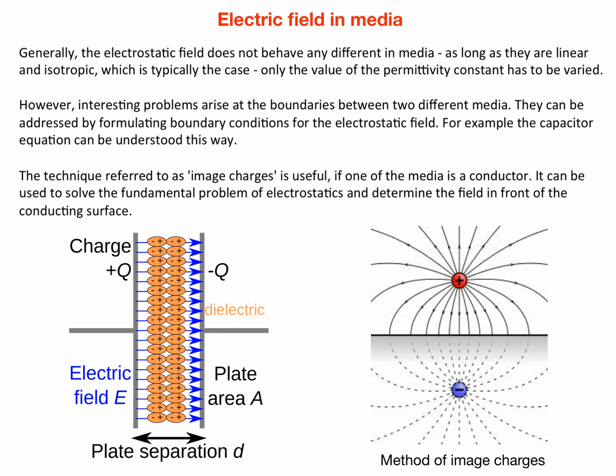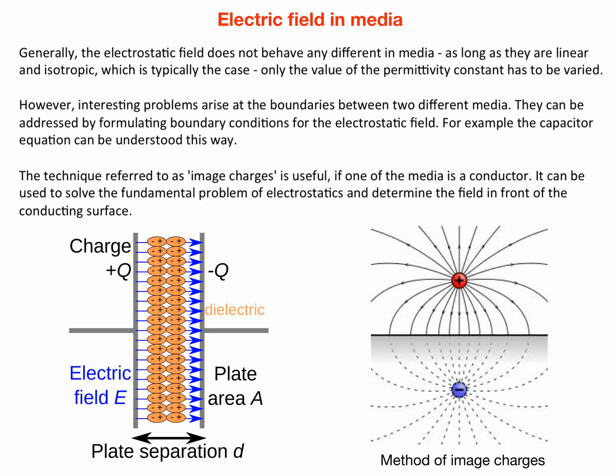For example, the capacitor can be understood in this way. An interesting concept that also relates to this discussion is referred to as image charges. Here, a situation with a particular boundary condition is replaced with a completely different situation, so that the boundary condition can be avoided.